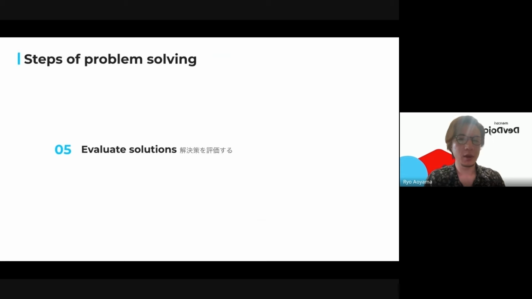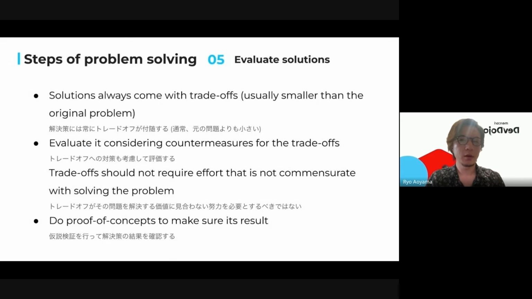Now that we were able to come up with some solutions, the next step will be evaluating those solutions. Now, solutions always come with some trade offs. When I say trade offs, by solving that particular issue, as a side effect, we will see some other issues arising or see the original state deteriorating. However, normally it will be a smaller problem than the original problem that you faced.